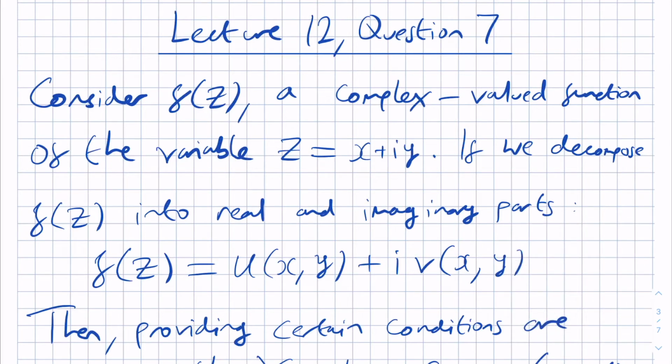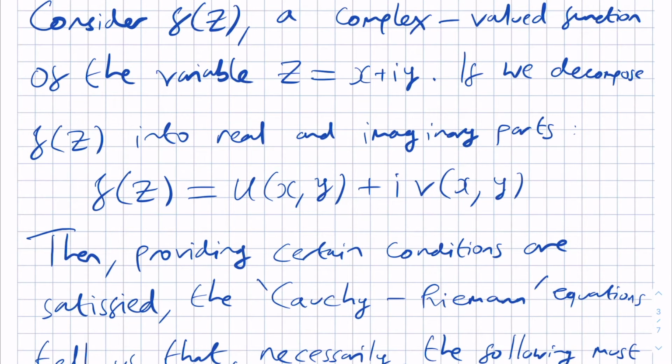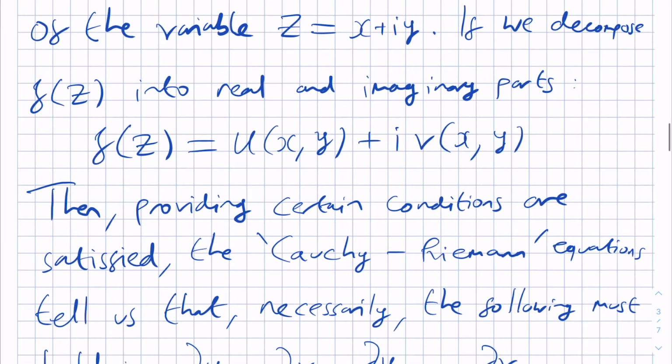The question says, consider f of z, a complex valued function of the variable z equals x plus iy. If we decompose f of z into real and imaginary parts, then we have f of z being u of xy, the real part, plus i v of xy, where v is the imaginary part.